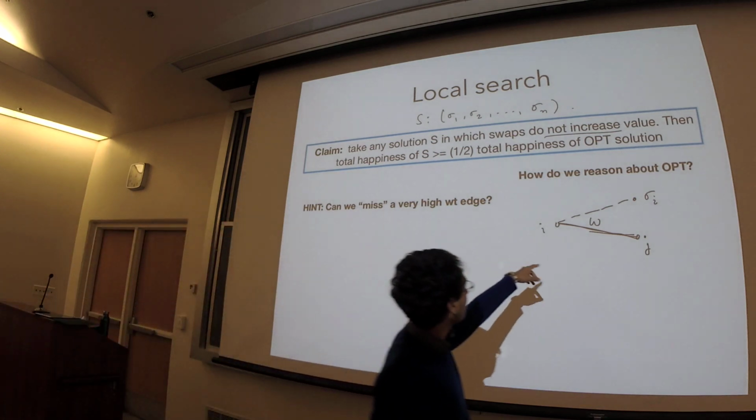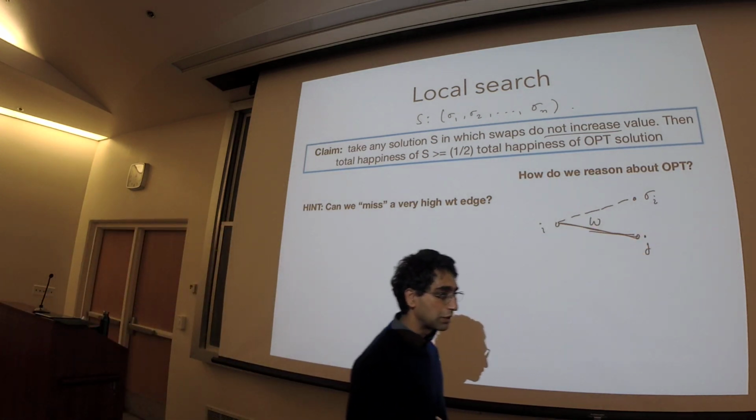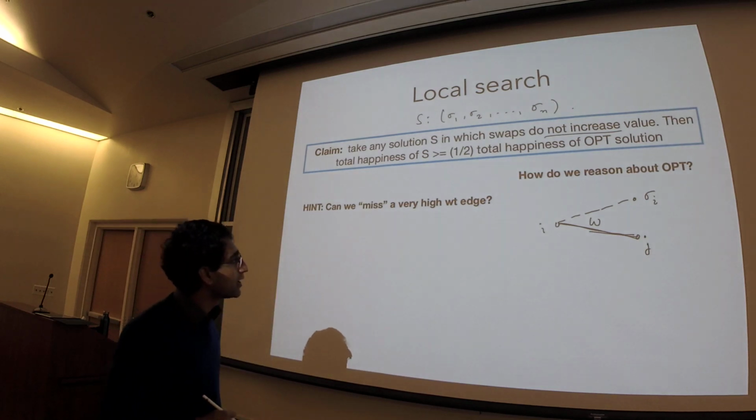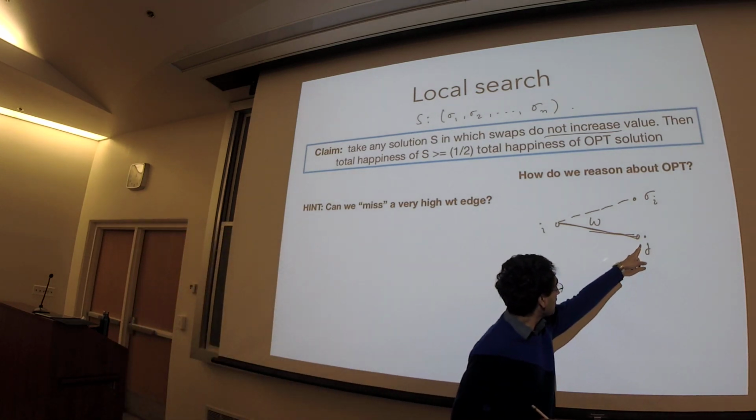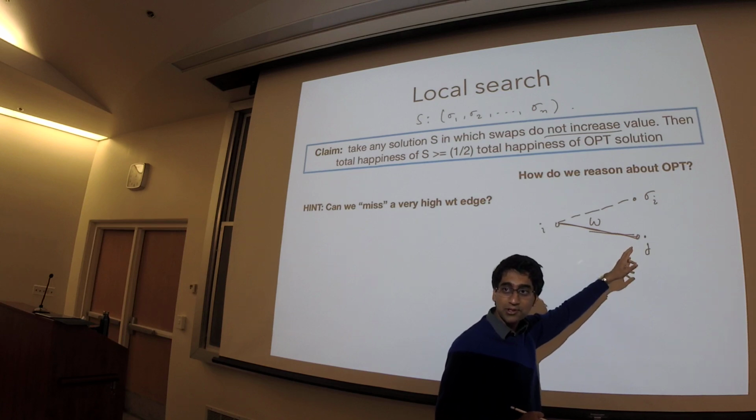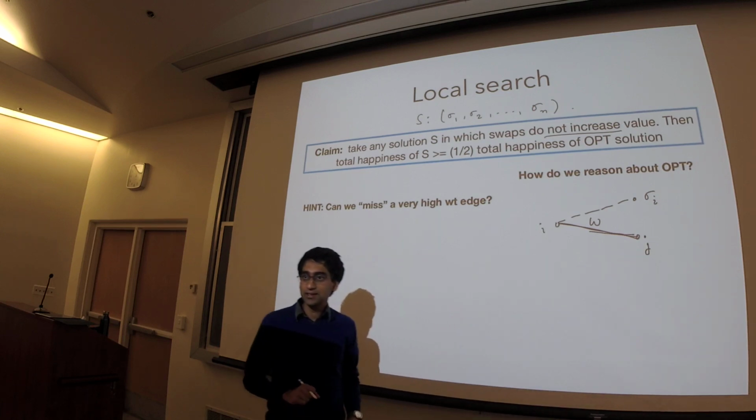Otherwise, I was assigned to somebody else. That's fine. But gift J was assigned to someone, because every gift is assigned to somebody.